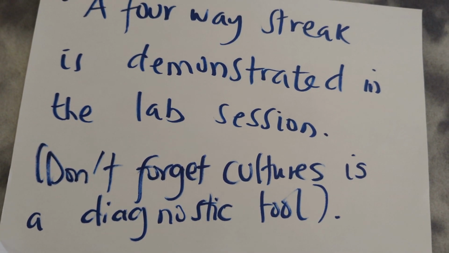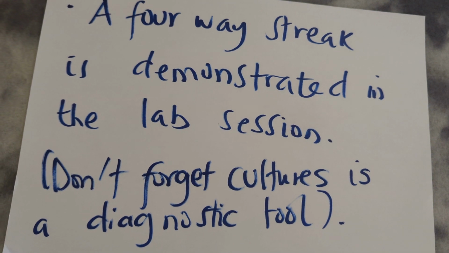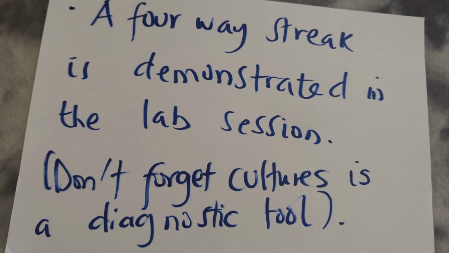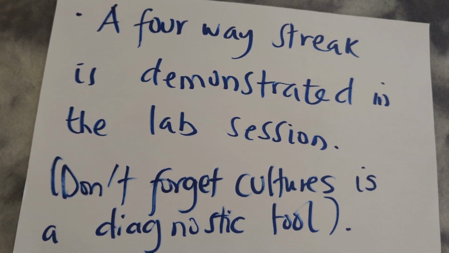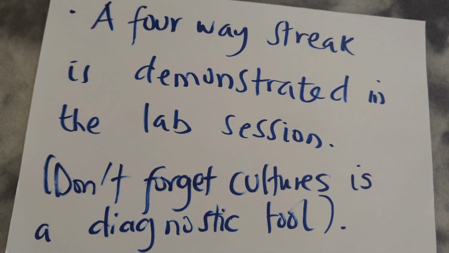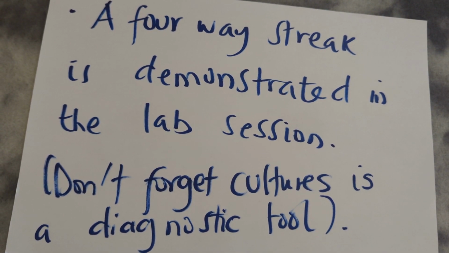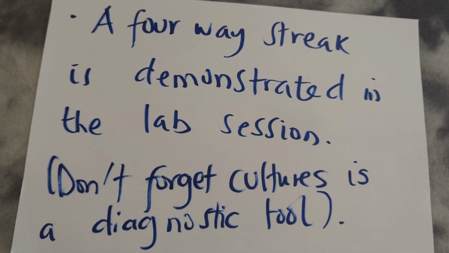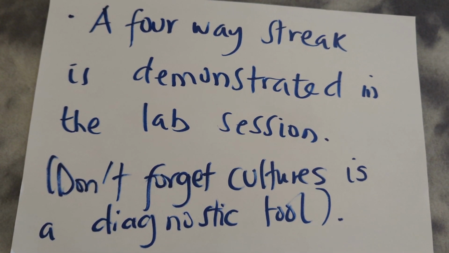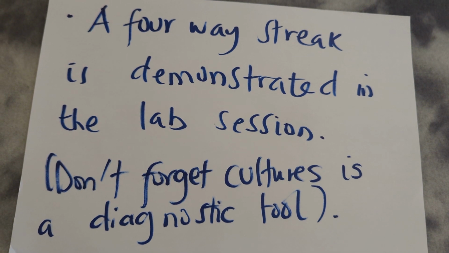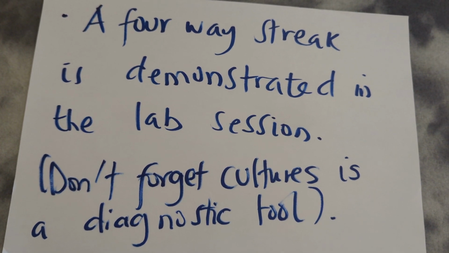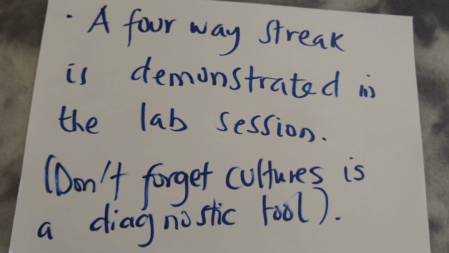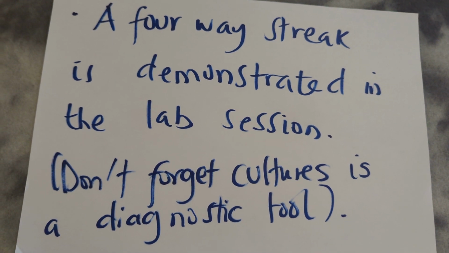So the method in our lab menu there is called a four-way streak method of inoculating. I have a note there in my view. Don't forget that culture is a diagnostic tool, right? Like I already mentioned, the whole process of aseptic inoculation is a diagnostic tool.